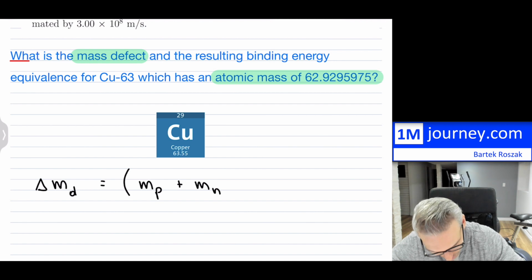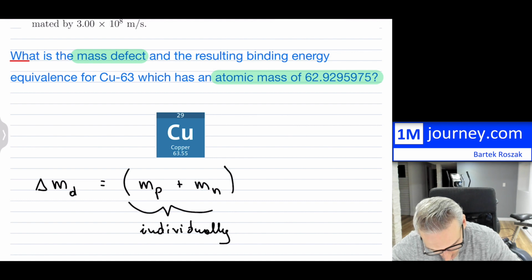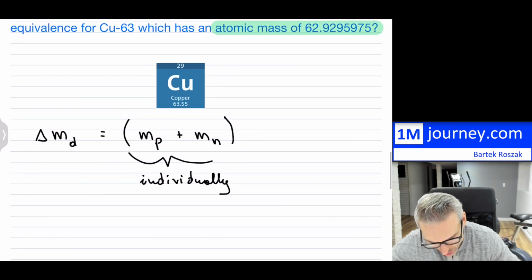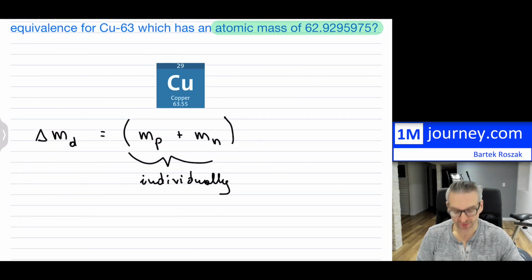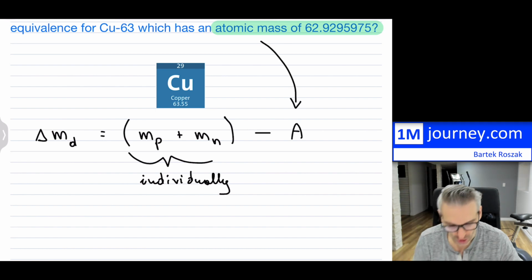So this is what we have. That's the total, if you had them individually. These are broken down individually. That's what would happen if you broke these up and found them on their own. Now we're going to take this and subtract it from the actual mass, the atomic mass of that nucleus.